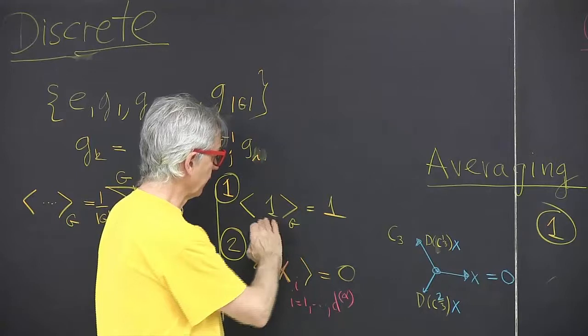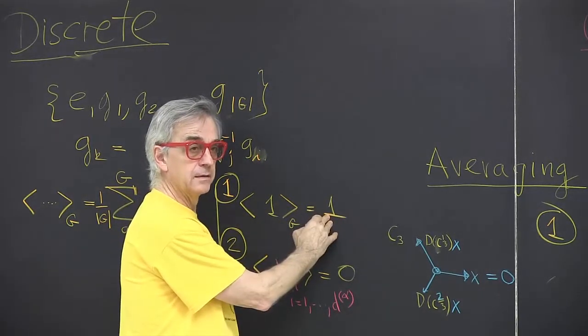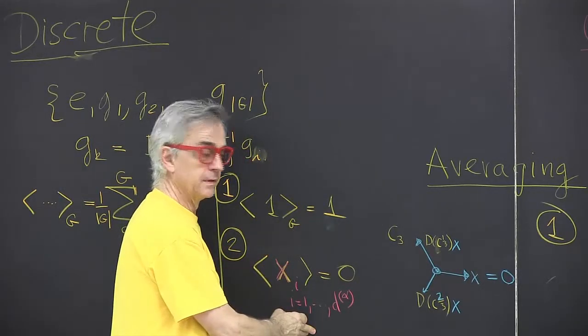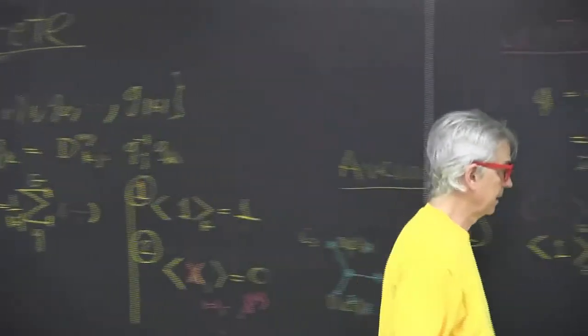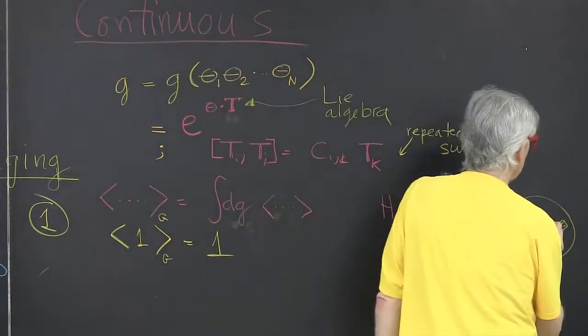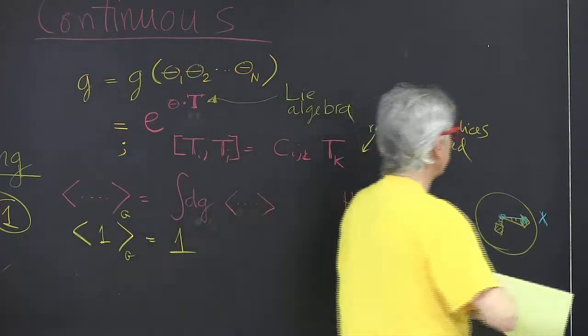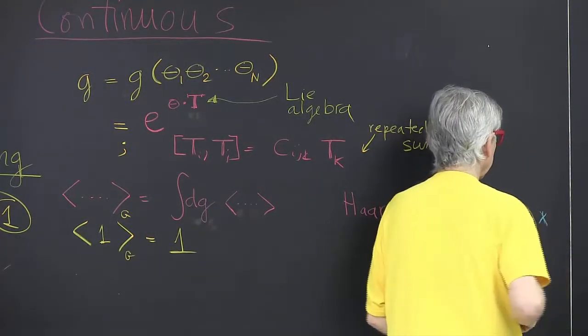So that'll be true for any n, and that's the idea. If you have something that's not affected by the action of the group, then it just returns the thing back. If it's smeared out by the action of the group, then it'll be smeared out to 0. And in case of the Haar measure, what happens is I act with all elements of the group on all other vectors of that kind.